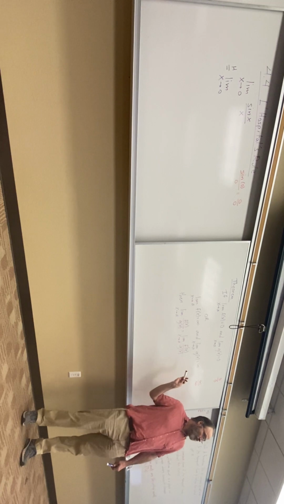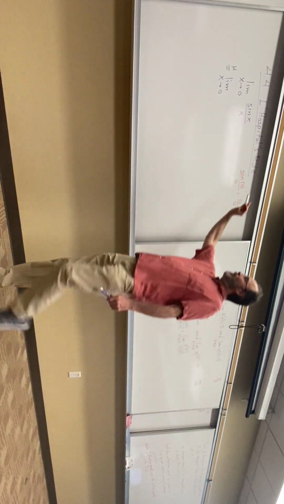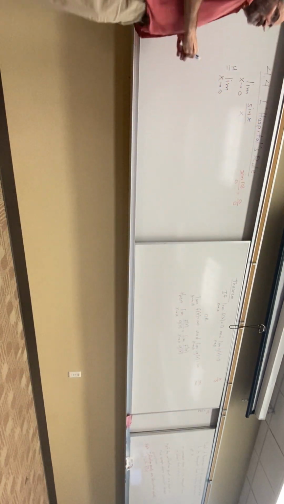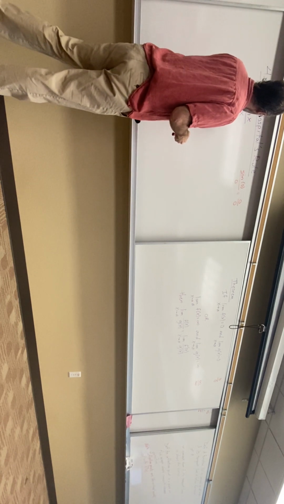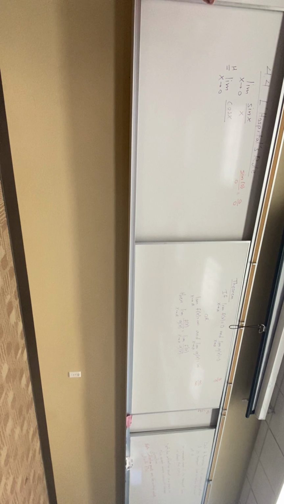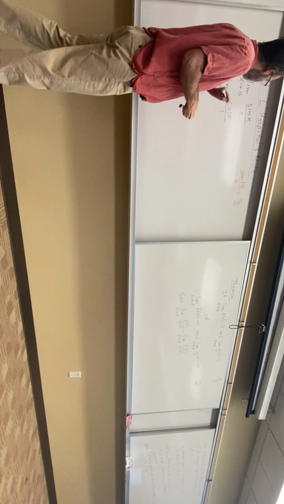Okay with that? So what are we going to get when we take the derivative of the top? What's the derivative of sine x? Cosine x. And what's the derivative of the bottom? 1. And so we have the limit as x goes to 0 of cosine x over 1.